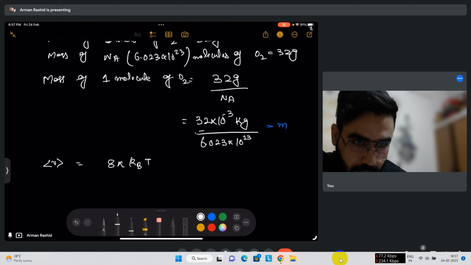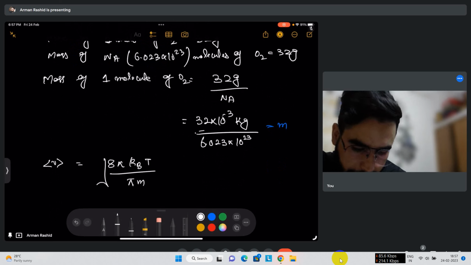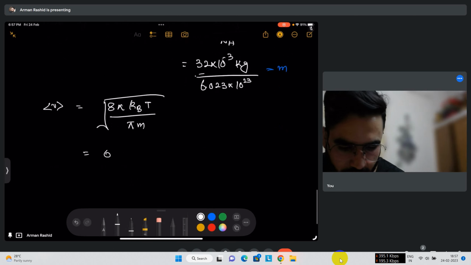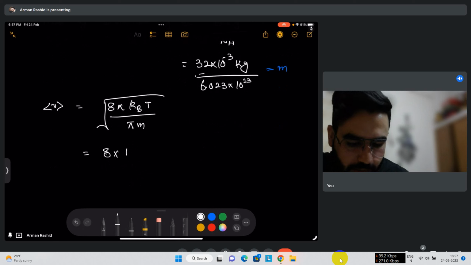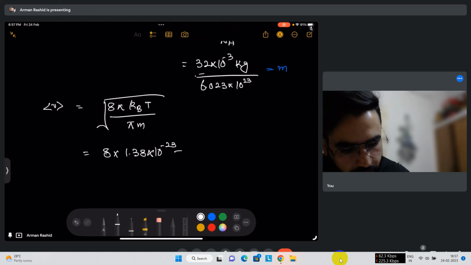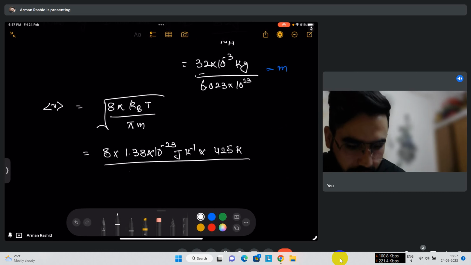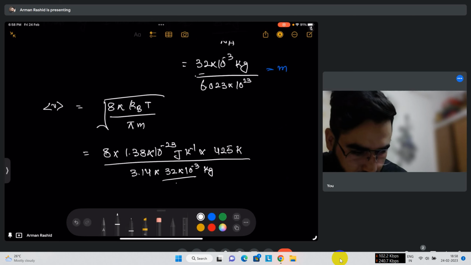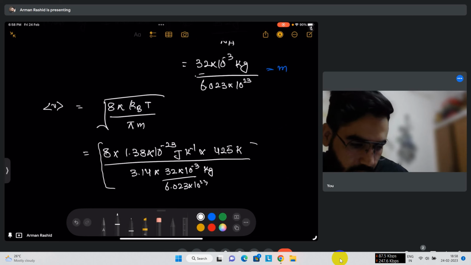I will write here again, this is the equation which we have. 8 multiplied by the value of the Boltzmann constant, 1.38 times 10 to the power minus 23 joule per Kelvin, multiplied by the temperature that is given, 425 K, divided by pi multiplied by m, which is 32 times 10 to the power minus 3 kg divided by 6.023 times 10 to the power 23. This whole thing is under root.